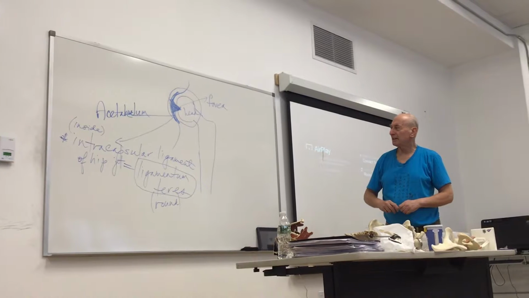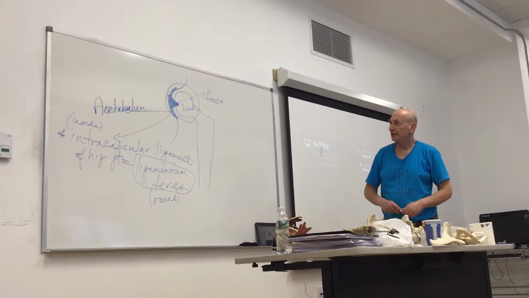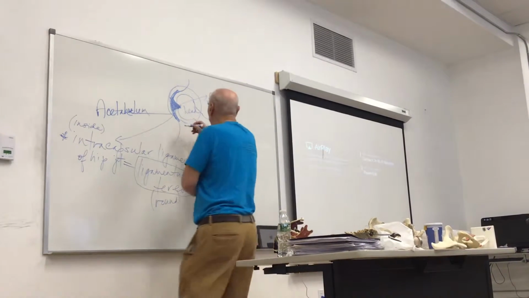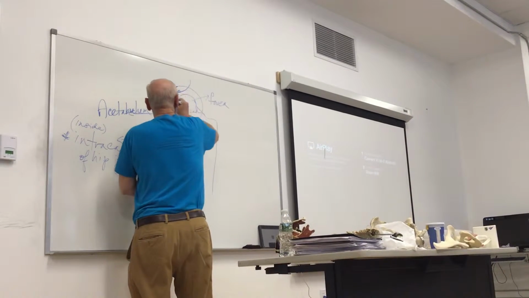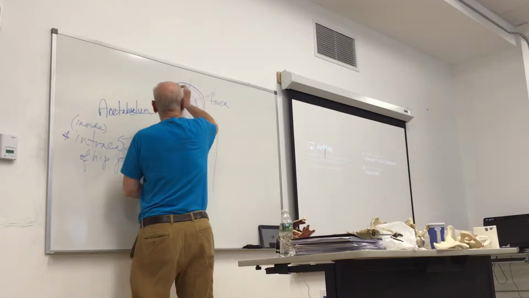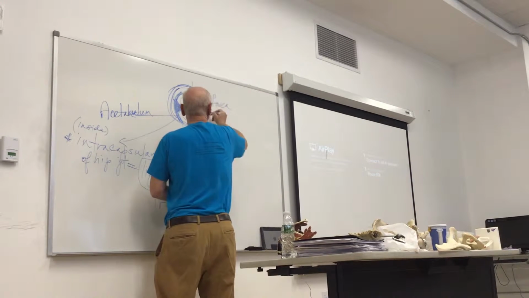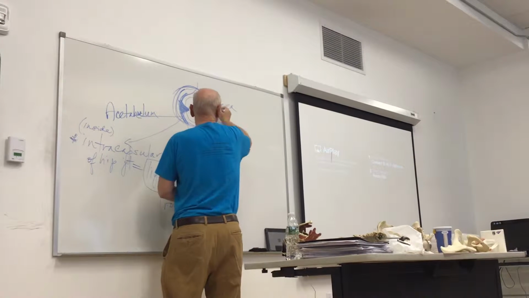Okay, so that's the fovea for the intracapsular ligament, and there are no extracapsular ligaments of the hip joint. This is the capsule, and if the capsule is thickened anywhere, that would be a capsular ligament.